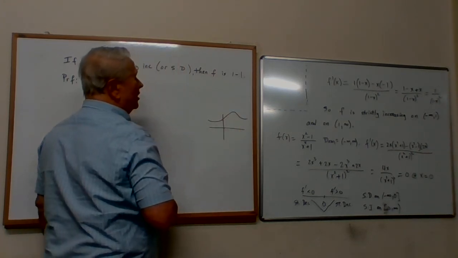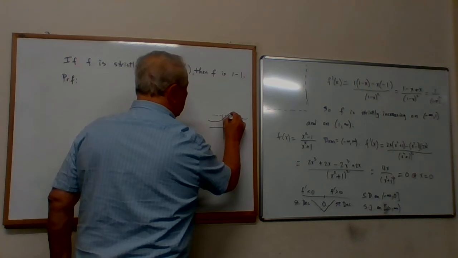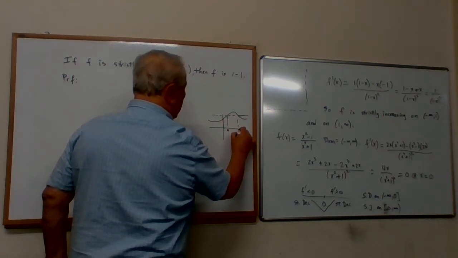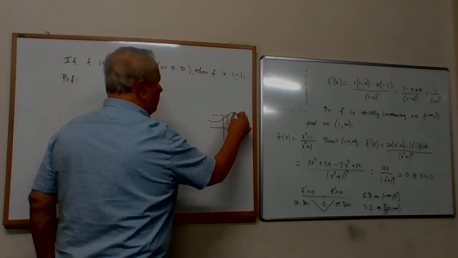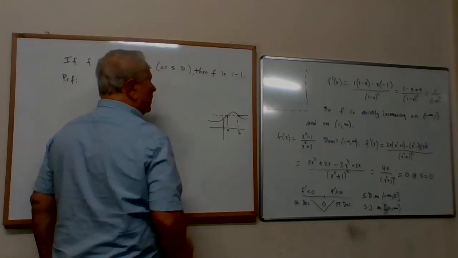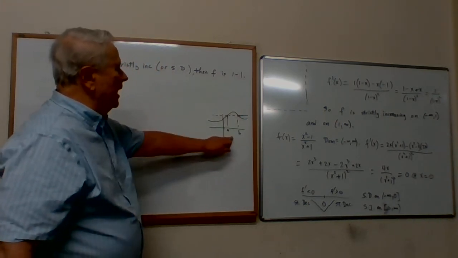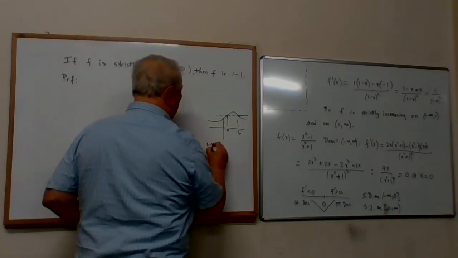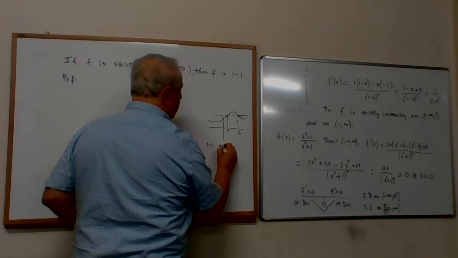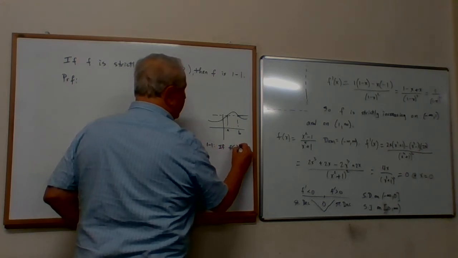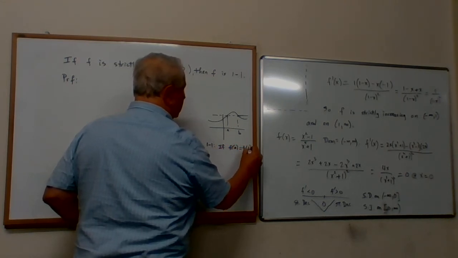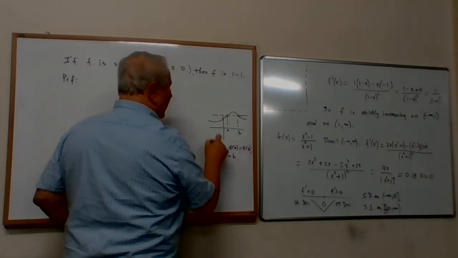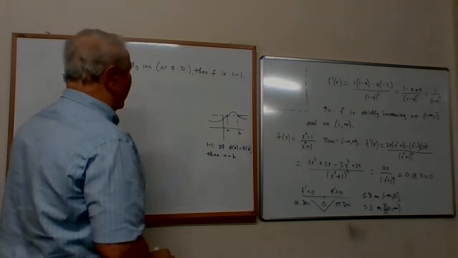Here's a function that is clearly not 1 to 1 because f of a and f of b are equal, and yet a and b are not. So 1 to 1 means if f of a equals f of b, then a equals b. And this function doesn't satisfy that condition.